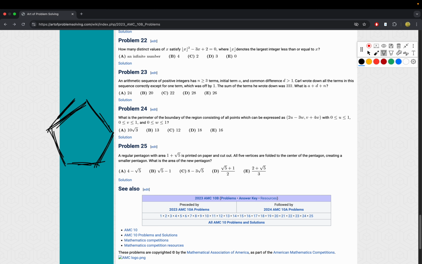Oh, this is a great pentagon actually. I did it. Now, here's the center.